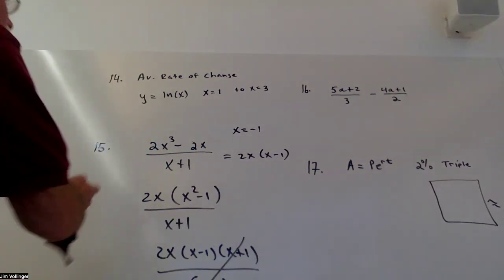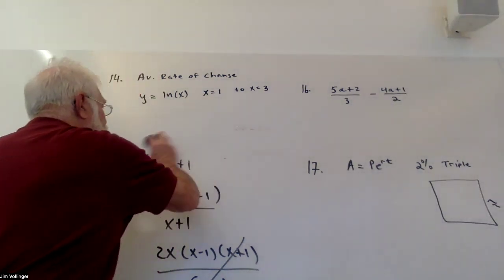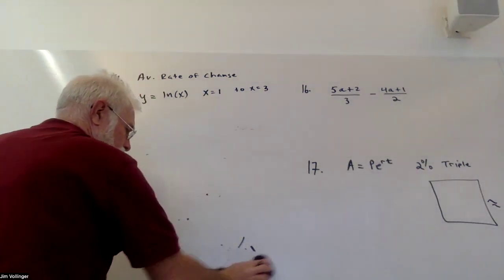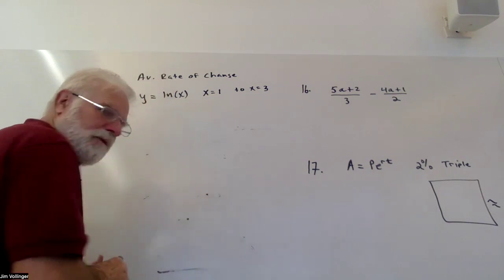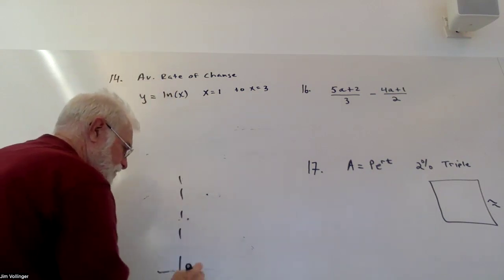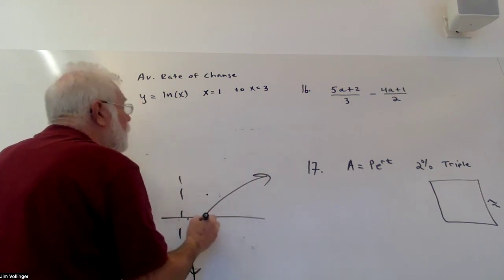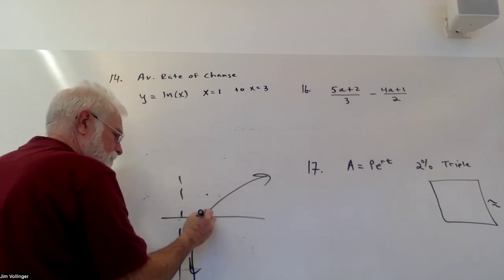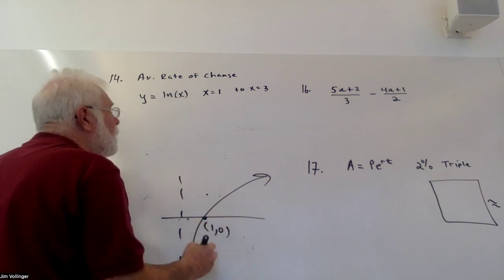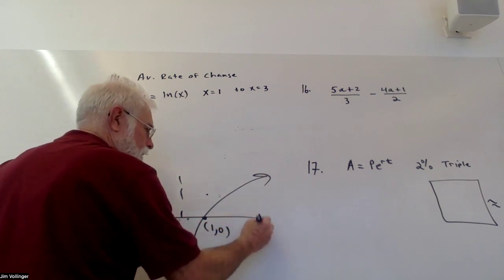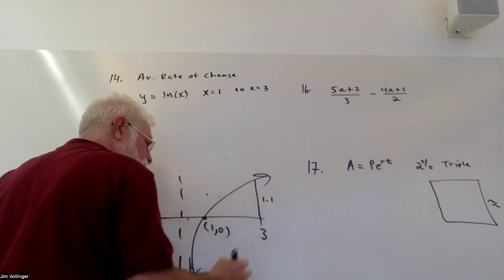All right, now we're going to look at the average rate of change from 1 to 3 of the ln of x function. And I'll really kind of blow it up graphically. So the ln of x looks like this. And the ln of 1 gets us 0. And the ln of 3 gets us 1.1.